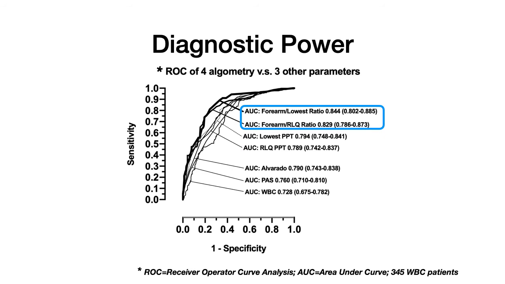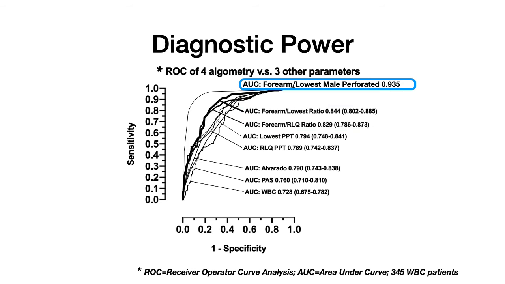And then above that were the global thresholds, the forearm over the lowest and the forearm over the right lower quadrant, with the highest being 0.844, which is quite respectable. Looking at one subgroup, the males who had perforated appendicitis, their area under the curve is approaching unity, 0.935. So in males with perforated appendicitis, the algometry was almost perfect in predicting it.